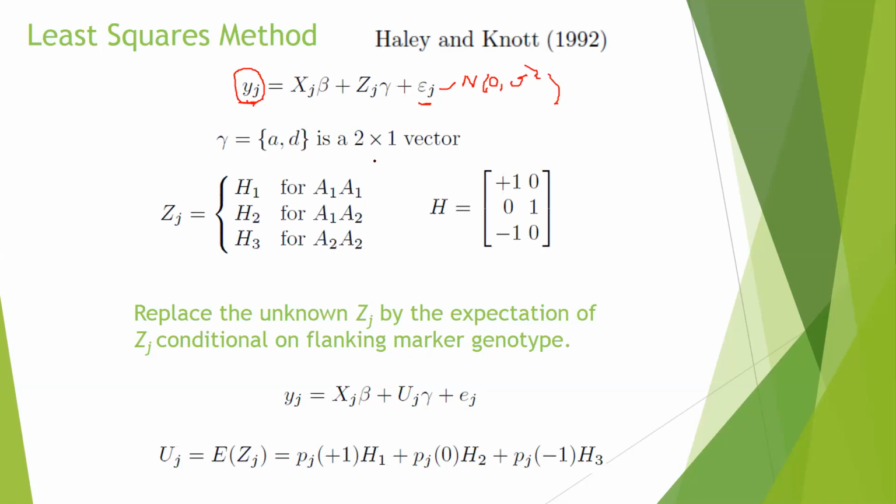Now we use the first term to represent some non-genetic effect. What is the non-genetic effect? For example, if you want to do a meta-analysis, you want to combine the rice data from the United States and the data from, let's say, China, for a joint study to increase the power.